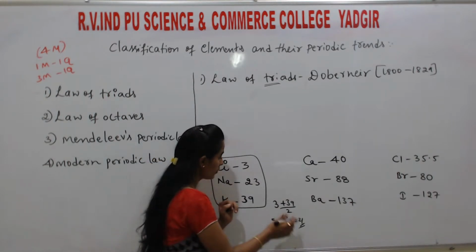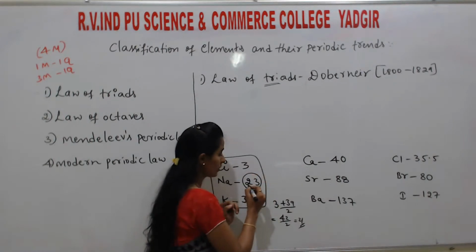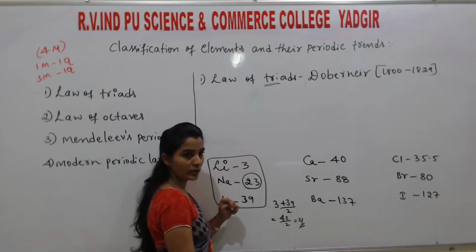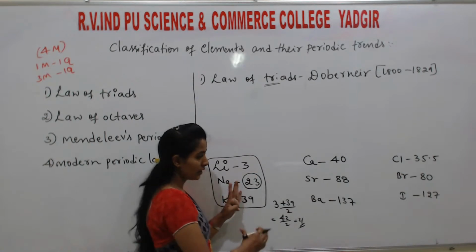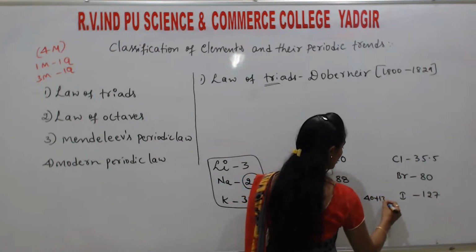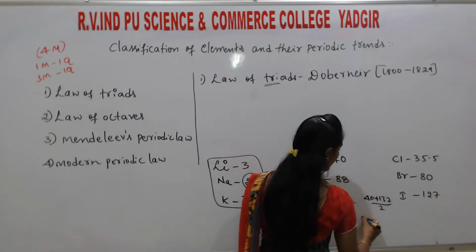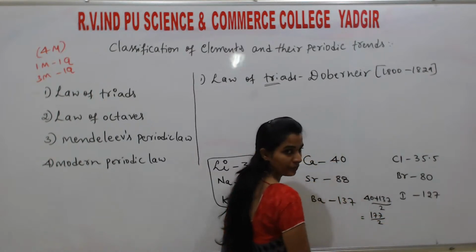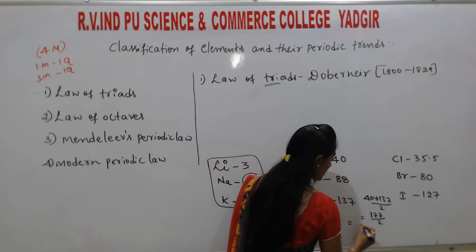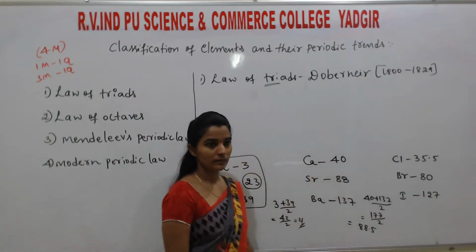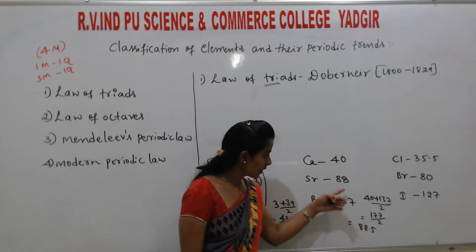So that is nearly, approximately equal to 23. Understand? In this way. So here also you take 40 plus 137 divided by 2. 40 plus 137 means 177 divided by 2. So this is 88.5. Correct? So this is approximately equal to this one.